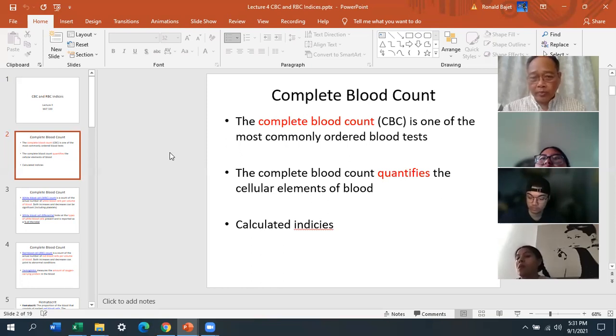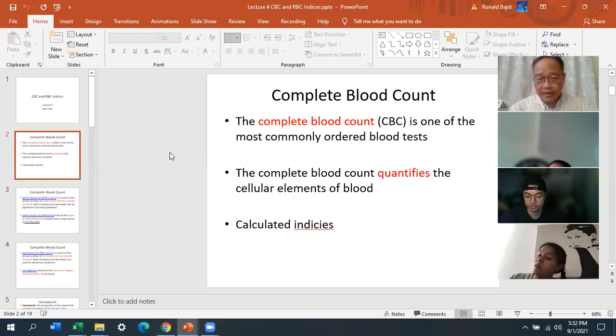Once you get all your information, you can get a whole bunch of information as to what's going on with the patient, and I'm going to teach you how to determine that by just looking at the different parameters, okay? The complete blood count quantifies the cellular elements in the blood, which include the WBCs, the neutrophils, the monocytes, the lymphocytes, and the platelets and red blood cells.